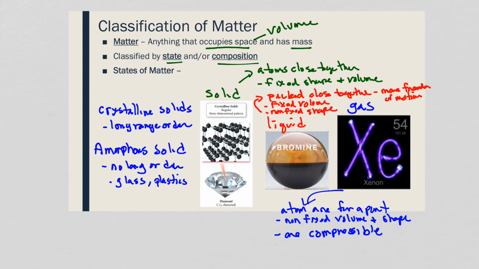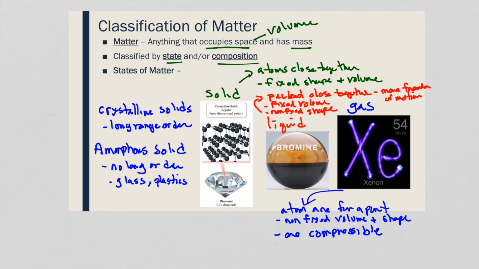So we can compress it and expand it. And they have this ability because the atoms are far apart, right? There's a lot of empty space. And so we can push the atoms closer together, or allow them to go further apart. So it's the only state of matter that is compressible.